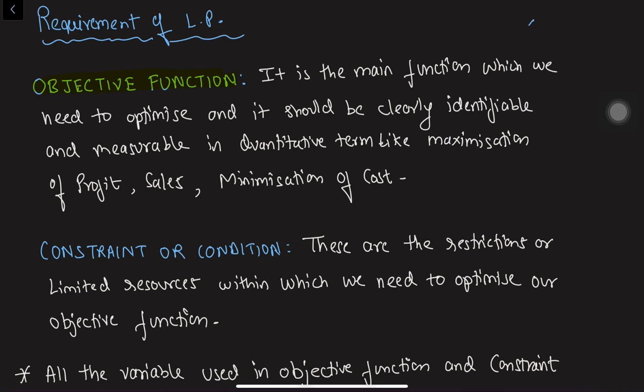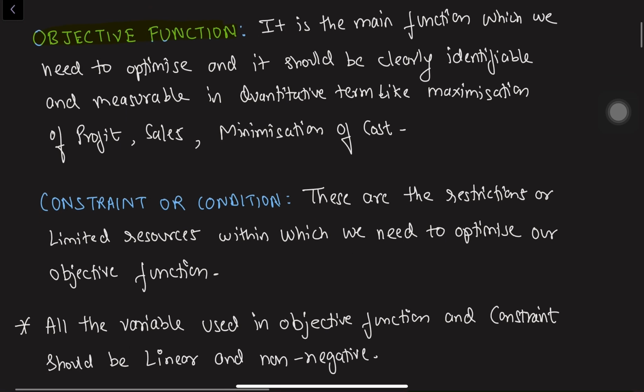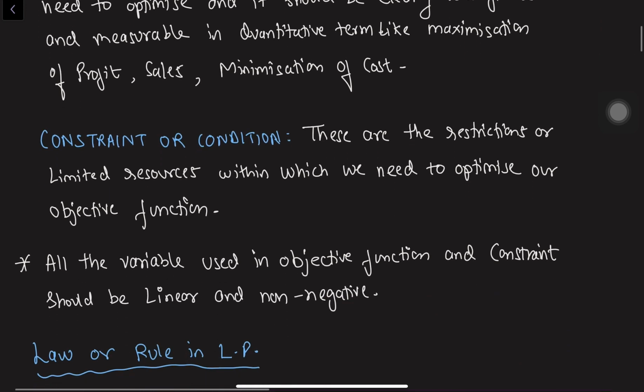Let's suppose you are in an industry and your objective is to maximize your profit or minimize the cost based on the constraints you have, then this is a mathematical technique that can help you. Whether you have to quantify your maximization of profit, sales, or minimization of the cost, this is called the objective function.